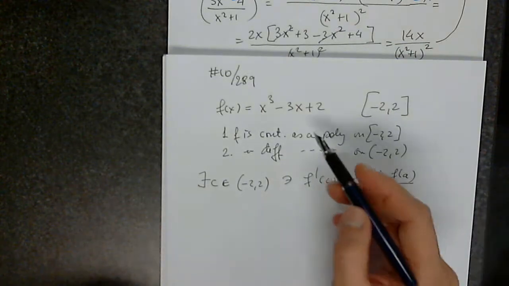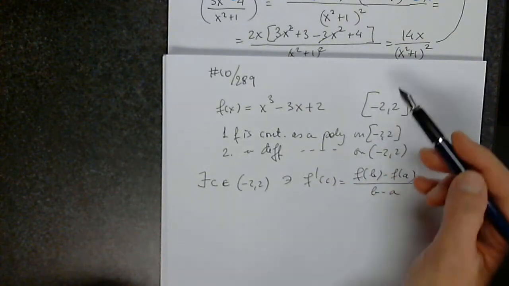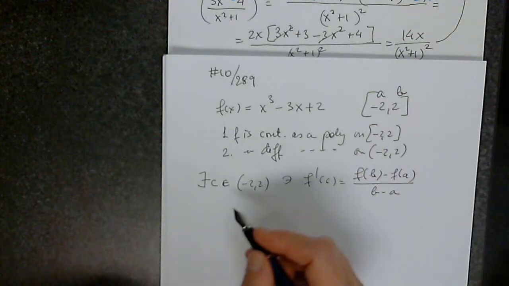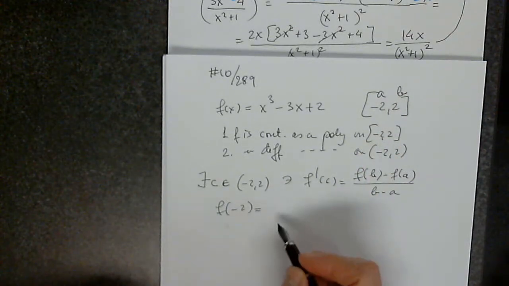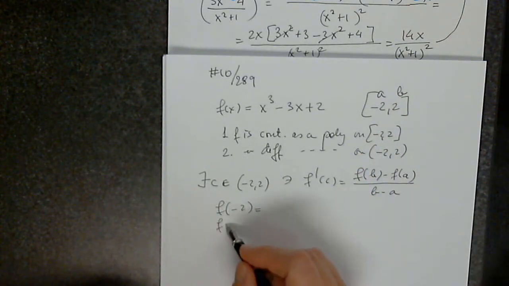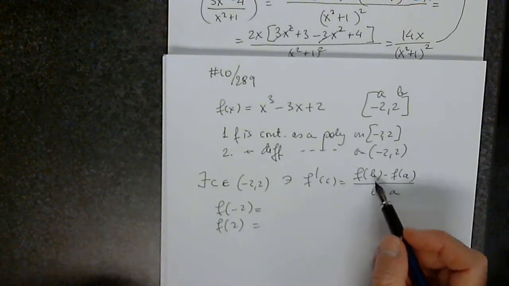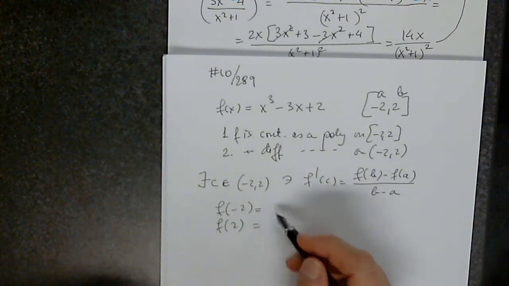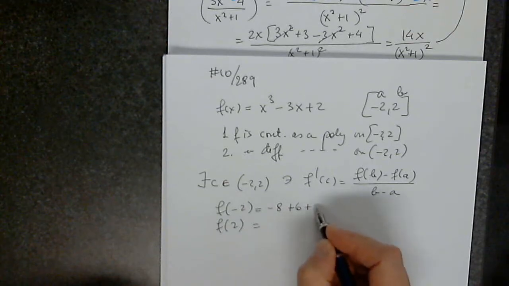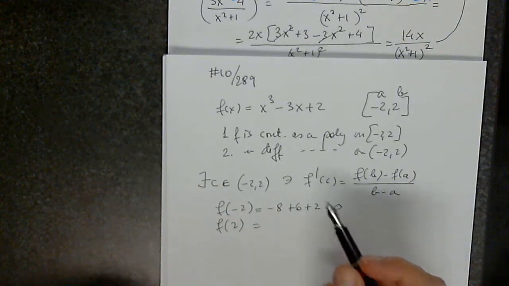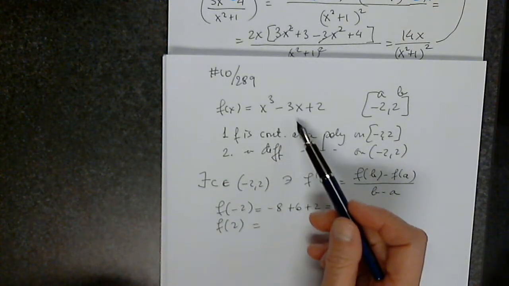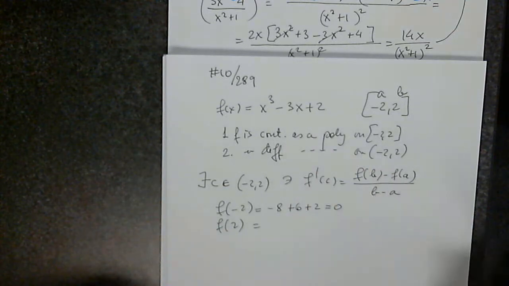Okay, so when this is a, this is b, I have to find f of -2, which will be this, and f of 2, which will be this. So -8 plus 6 plus 2, right? -8 plus 6 plus 2.